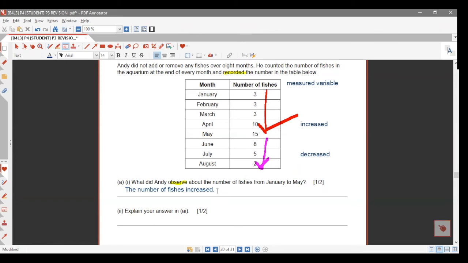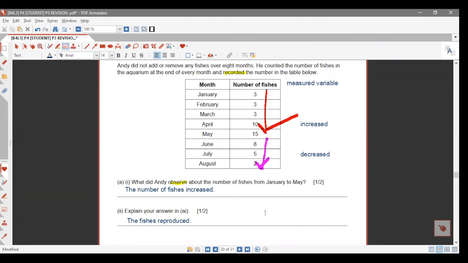So the observation cannot be straight away the number of the fishes reproduce. No, make use of the data given in the table. Then you explain by saying that the fishes reproduce.